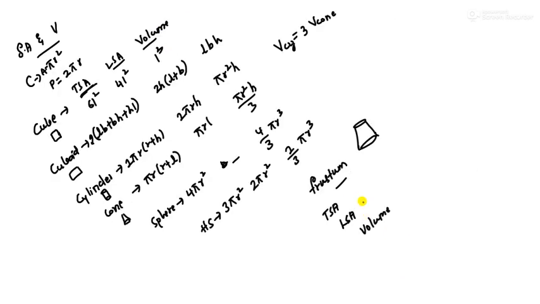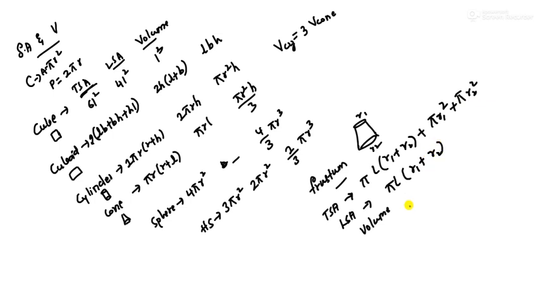TSA is pi L into (R1 plus R2) plus pi r1 square plus pi r2 square, if this is r1 and this is r2. LSA is just pi l into (r1 plus r2), and volume is pi h by 3 into (r1 square plus r2 square plus r1 into r2).